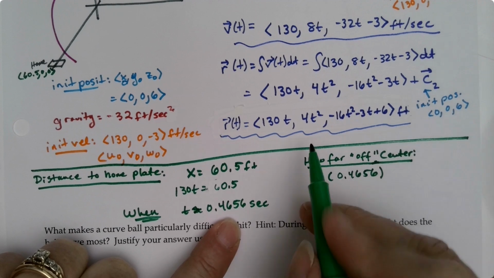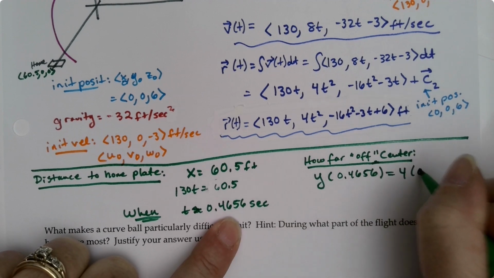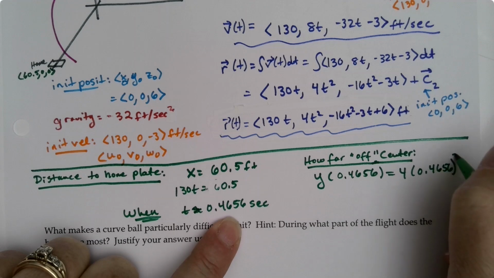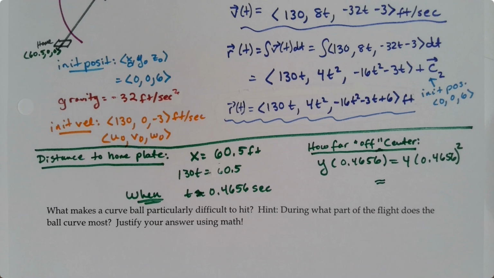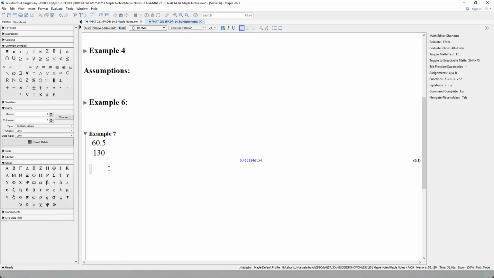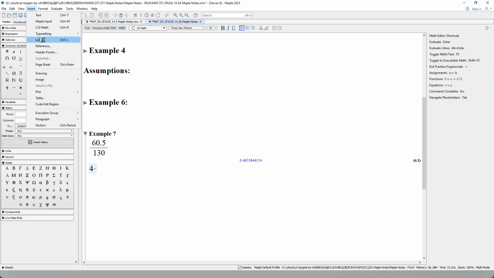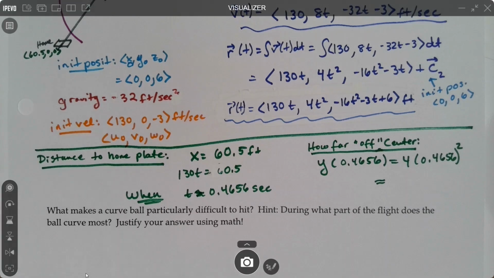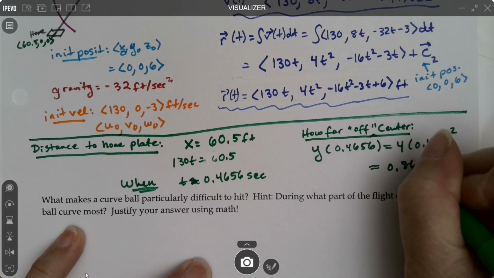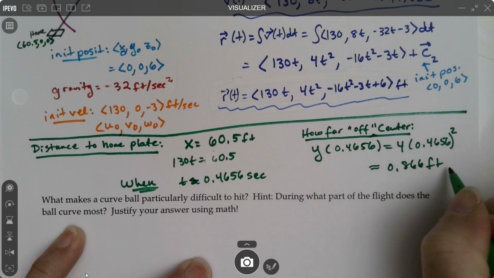So we would take 4 times 0.4656 squared, which we can do in Maple pretty easily. 4 times that answer, so insert label, give me the answer 6.1, and square it. So we're off 0.866 feet. Not quite a foot, just a little bit. 0.866 feet off.